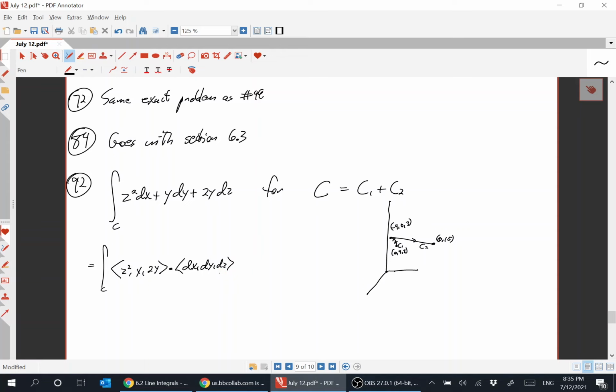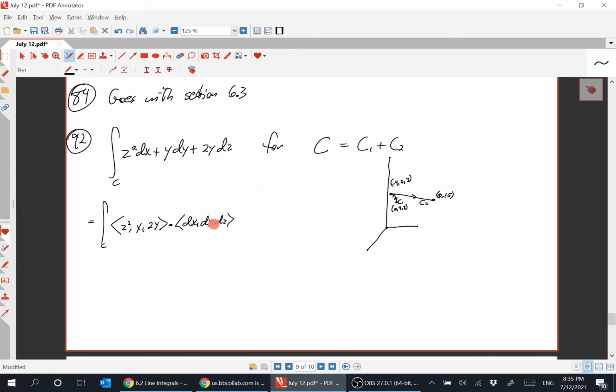The way to think of this is dx/dt, dy/dt, dz/dt times dt. So this is F dot r prime of t dt, or F dot dr. So this is the line integral of the vector field (z squared, y, 2y) dot dr.